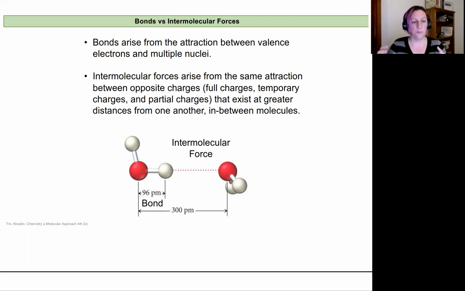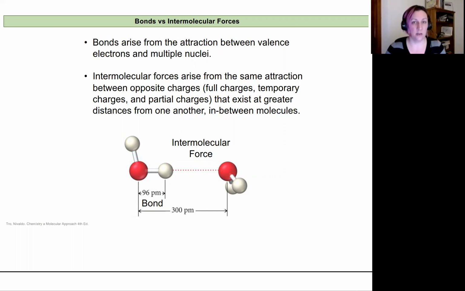And so we think of it as being shared, that two nuclei are sharing attractions to electrons. When really we just have this little negative charge that gets close enough to a second positive charge that it's like, oh, I'm attracted to both of these. This is great. So this is kind of a fundamental force where we have opposite charges attracting one another.